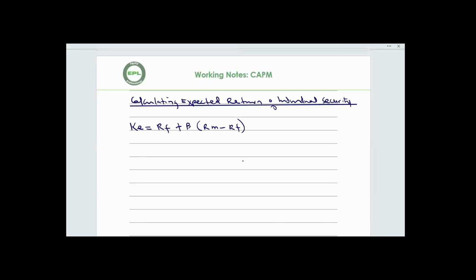Note, the risk-free rate of return, RF, is not given.